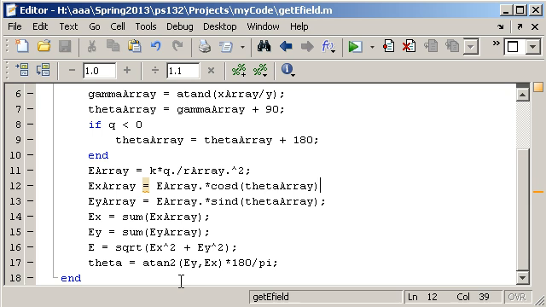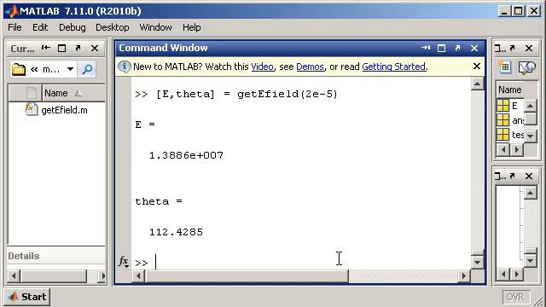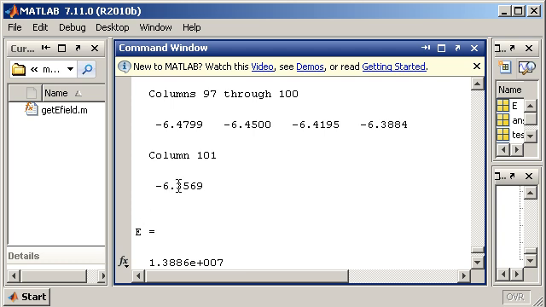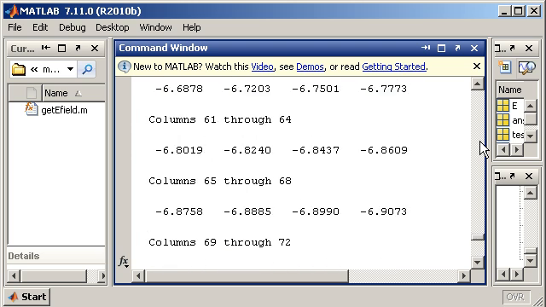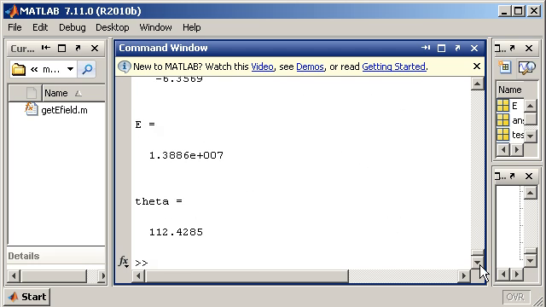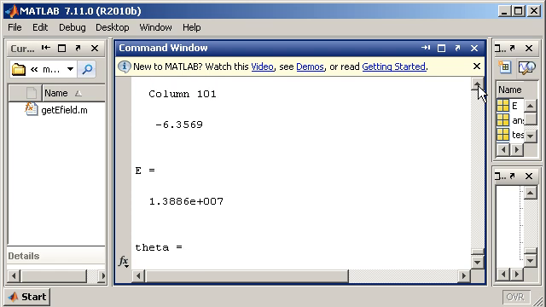Hopefully we can do that. 101 all by itself. It says it's -6, but I have a feeling that we got a times 10 to the something. So let's look at the start of this. Times 10 to the 4th. So -6 times 10 to the 4th.